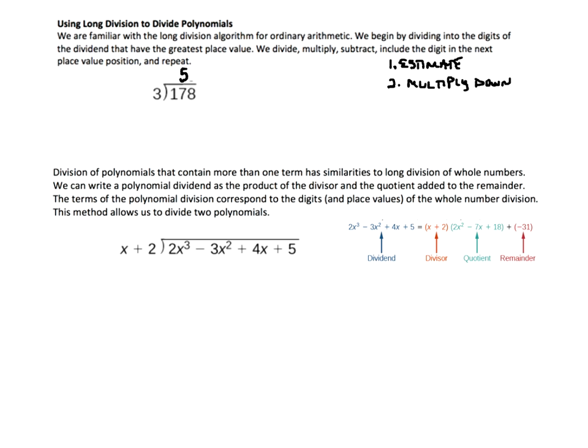So 5 times 3 is 15. And then I'm going to subtract. 17 minus 15 is 2. And then I bring down.